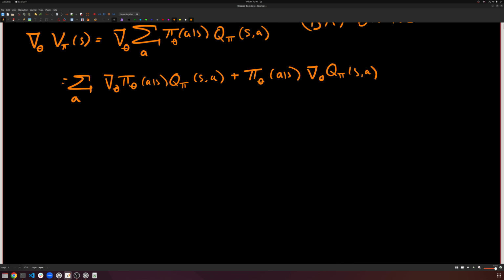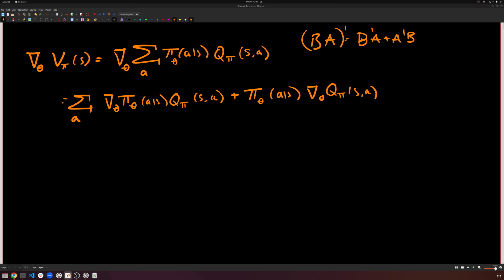After we've done that, we need to start pulling all of this apart. Let's remind ourselves of the Bellman equation. The value of some state is the sum over the actions of pi of a given s, times basically the Q, Q pi of s, a. But Q also has a formula, so we can keep going.